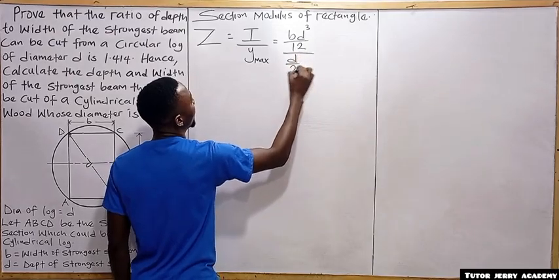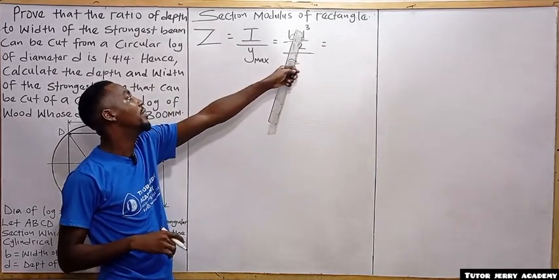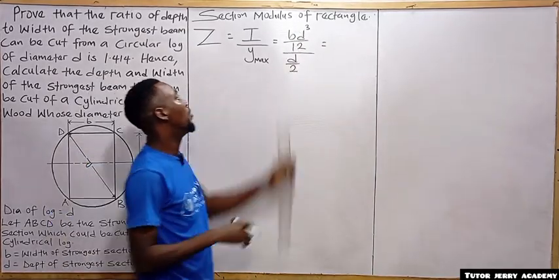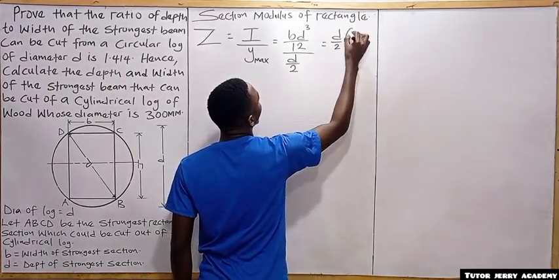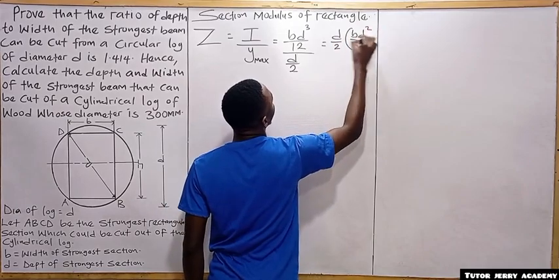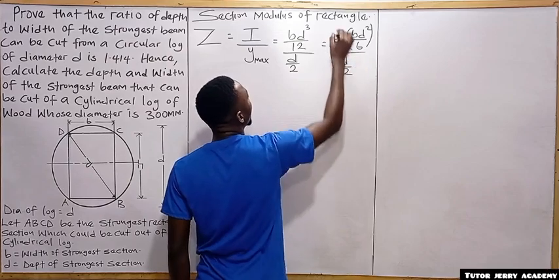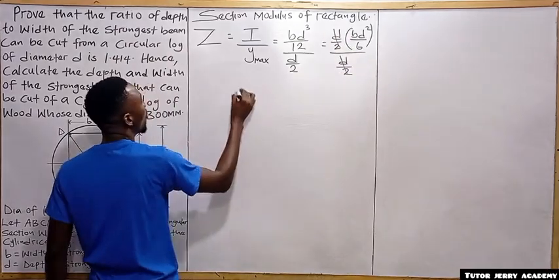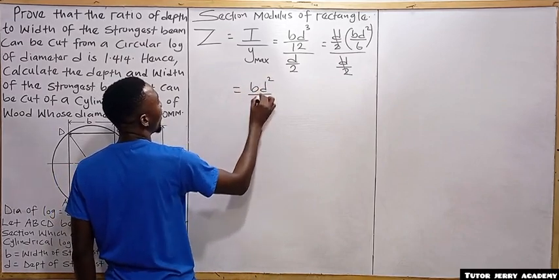Now we can factor out depth divided by 2 from the numerator. If we factor out d over 2, we are left with bd squared over 6, divided by depth over 2, so this cancels. We can therefore say the section modulus is bd squared over 6.